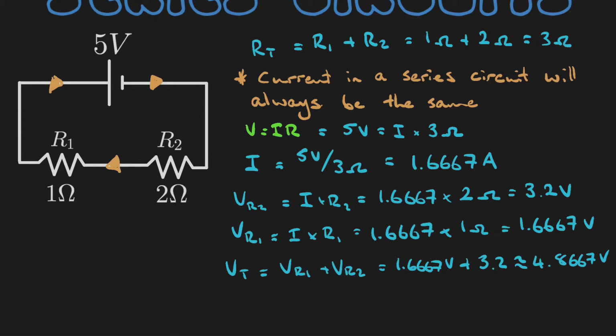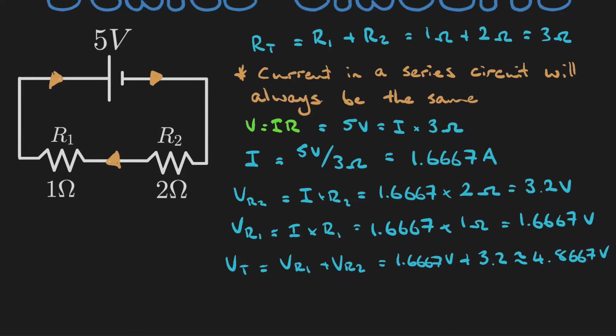Okay, so hopefully that's given you a quick overview on Ohm's law in a series circuit. And the same deal, we could apply power rules as well to find the wattage across R2 and across R1 by simply using the formula P equals IV or P equals I squared R. For example, we could find the power in the entire circuit, using the voltage for the entire circuit and the current for the entire circuit.